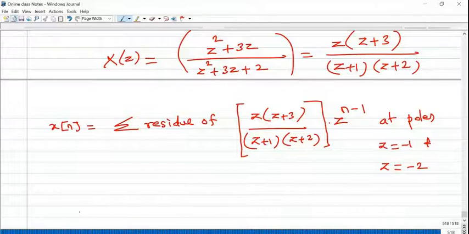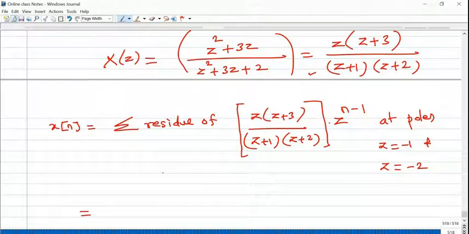Okay. How to solve this? First step. Residue for z plus 1 equal to 0, for this particular pole, we should solve. I'll directly write it down. Two poles are there.